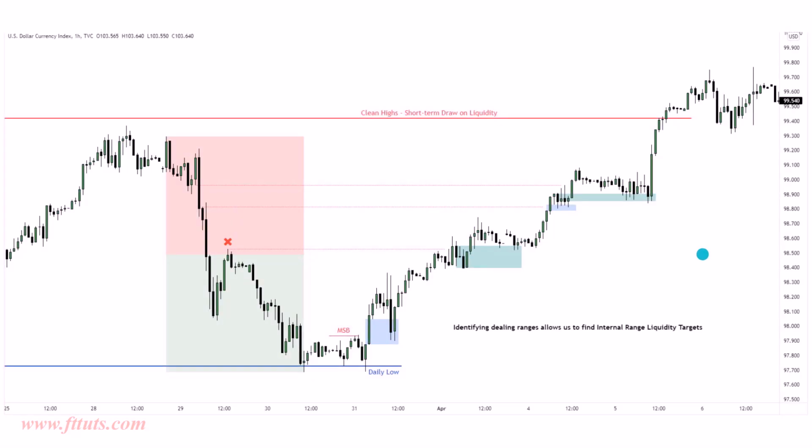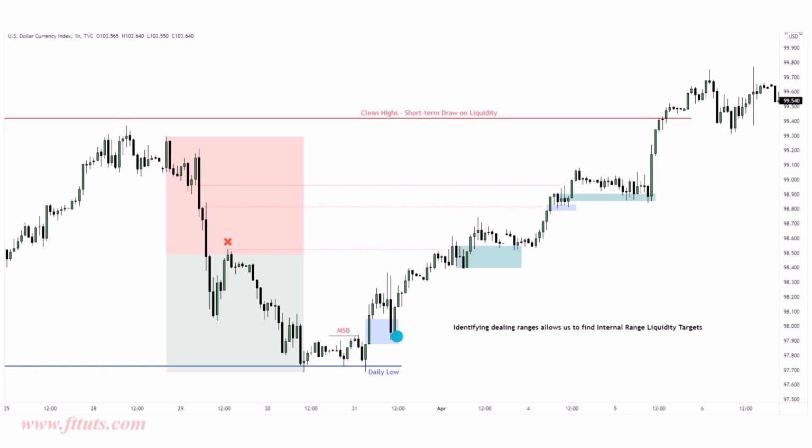Identifying dealing ranges allows us to find internal range liquidity targets. So what we want to do as traders is buy in a discount and sell in a premium. And a premium can come in 2 forms: internal range liquidity and external range liquidity. Okay, so we have this old high here, so we could buy the discount here, exit at that internal range liquidity from this range low to this range high in the form of buy side liquidity here.